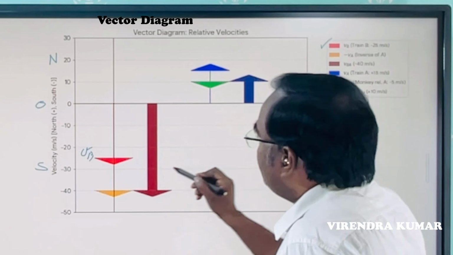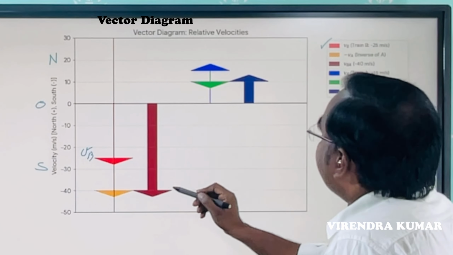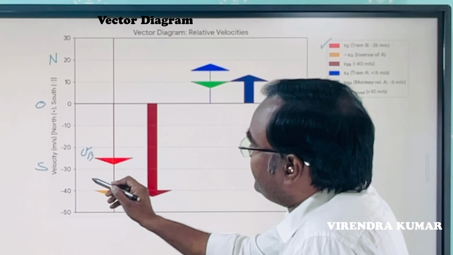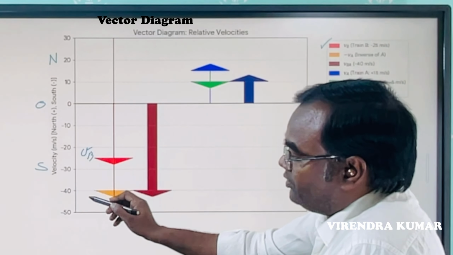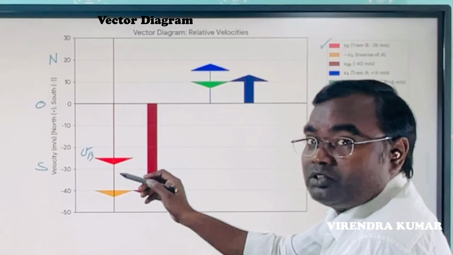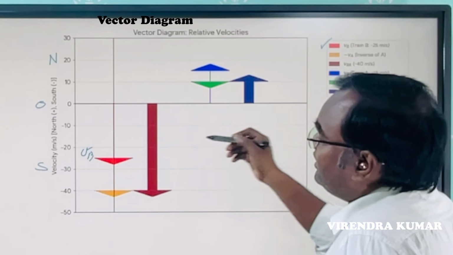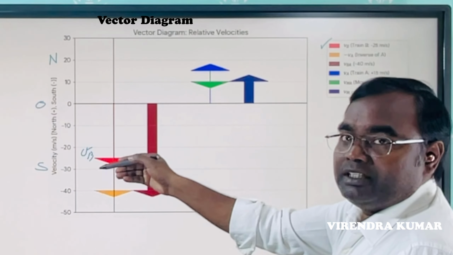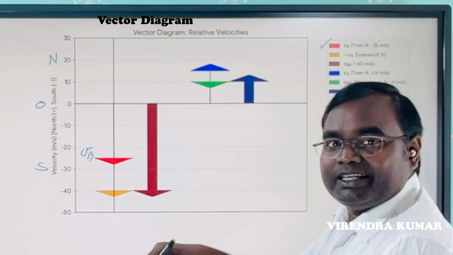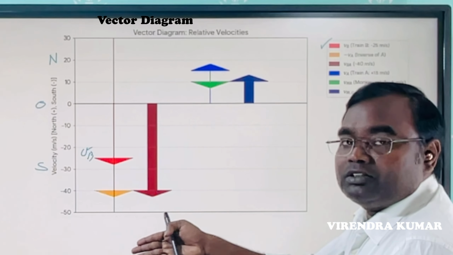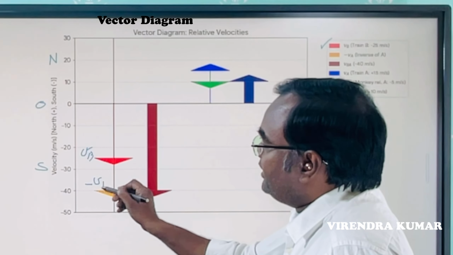And Va is the velocity of train A. With respect to train B, we measure the velocity of A in the direction of B by taking the negative sign, so that is minus Va.